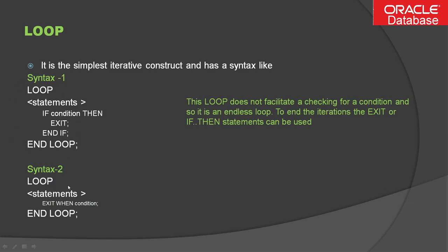In the second syntax, you can see for exit we have used the if then condition. If this condition is true, then I'm telling it to exit from the loop. But second, you can use something like exit when condition.